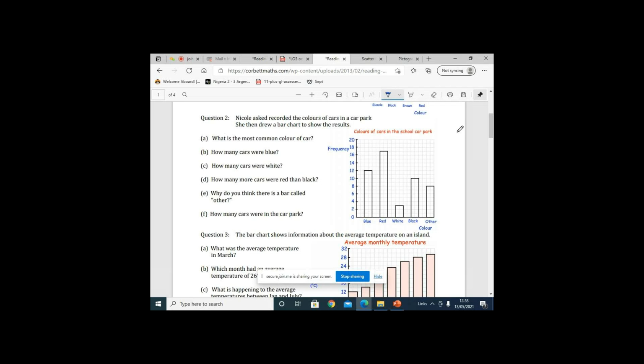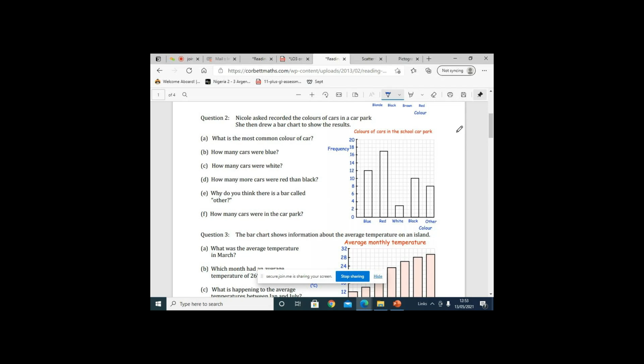So can you do this yourself now without my help? Question 2. The most common color of a car is red. How many cars were blue? 12. Yes. How many cars were white? That will be 3.